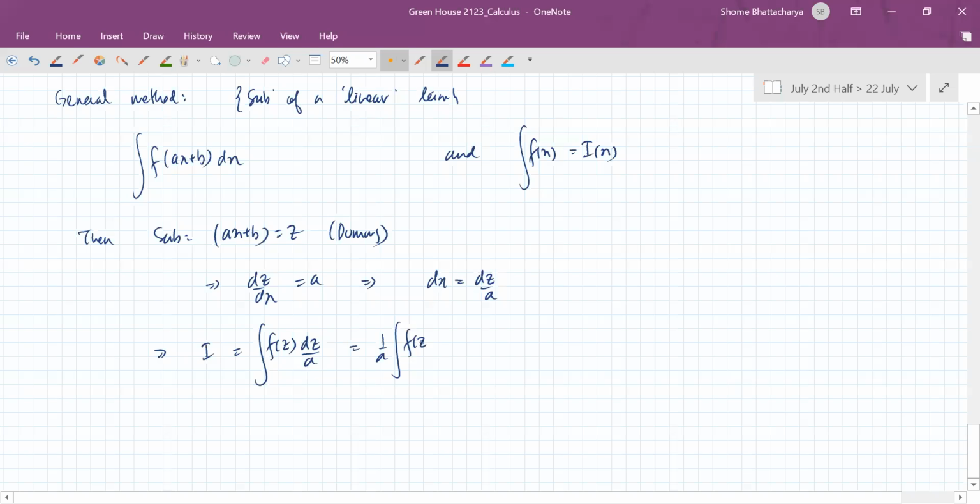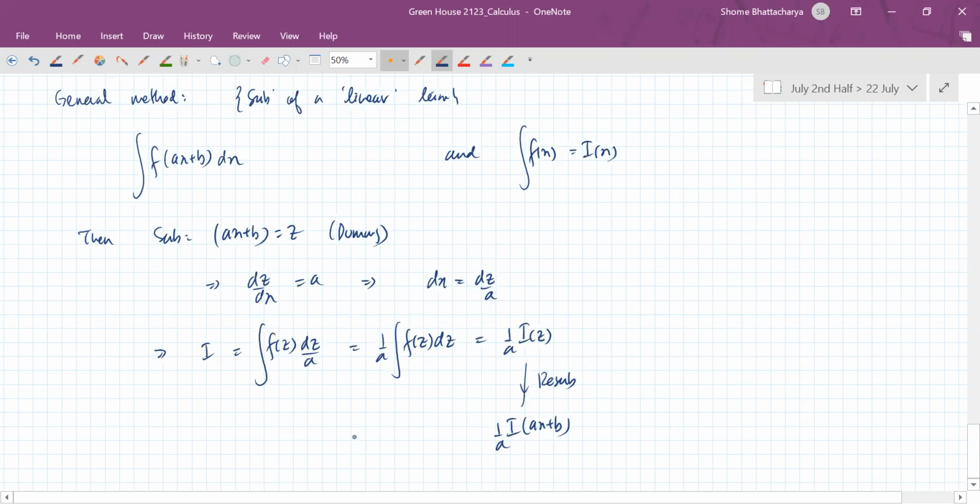So this comes out. So this becomes 1 by a I(z). This contains the constant of integration. And now resubstitute. So this becomes 1 by a I of z, which was ax plus b.